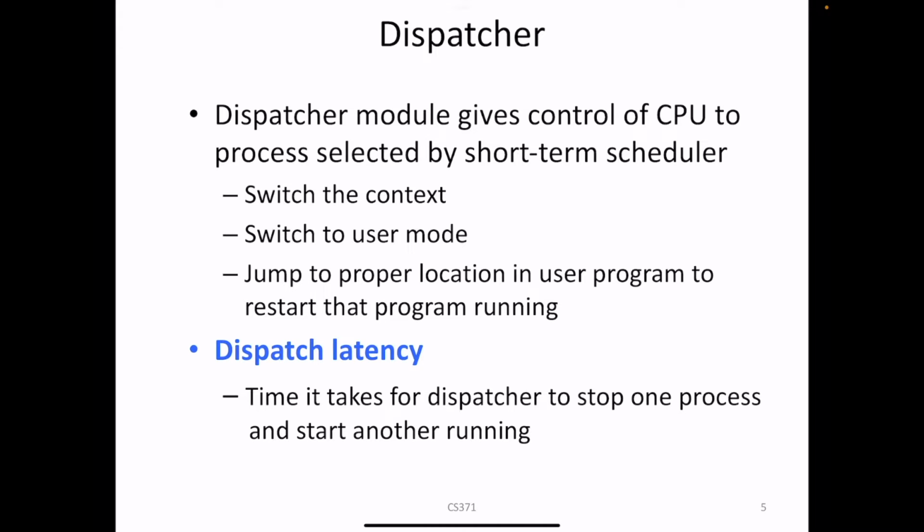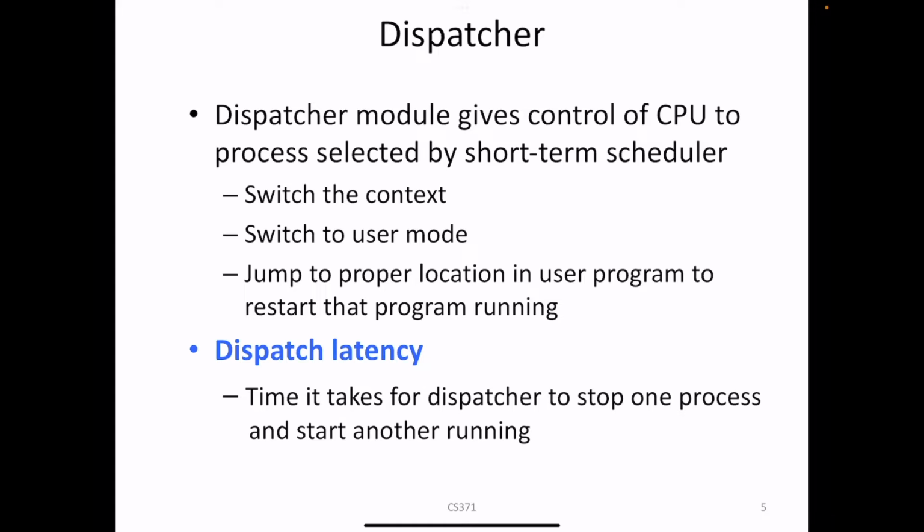The other important component is called the dispatcher. The dispatcher module gives control of the CPU to the process selected by the short-term scheduler, or CPU scheduler. In order to achieve that, there are 3 steps that the dispatcher needs to do. The first step is to do the context switch, which switches the process selected by the CPU scheduler onto the CPU.